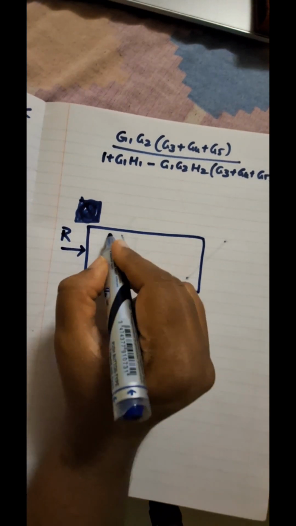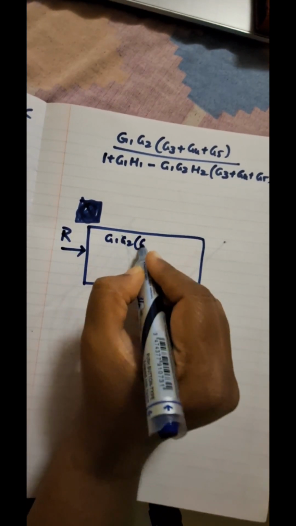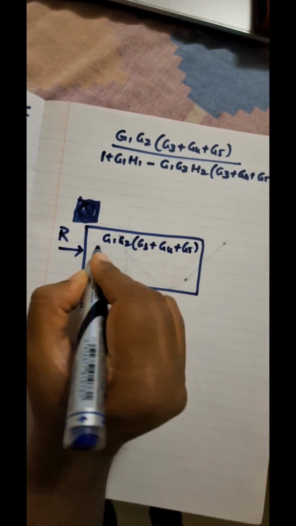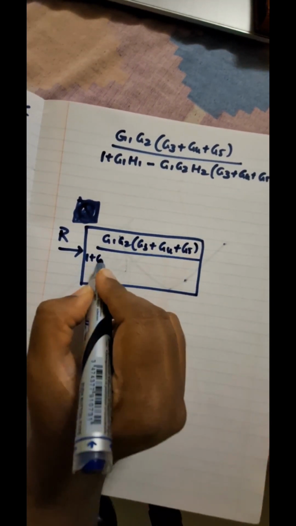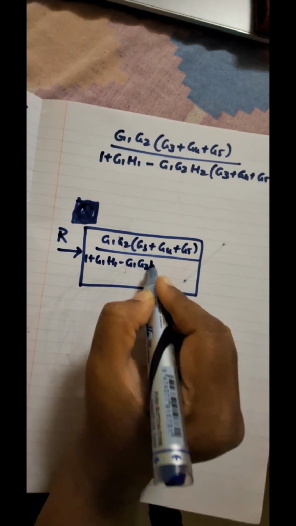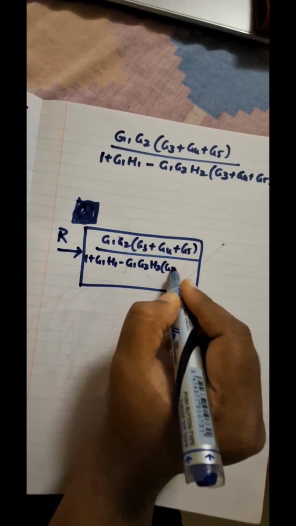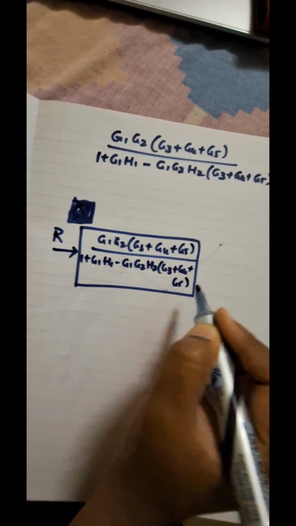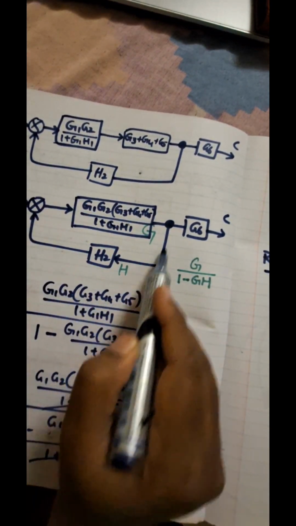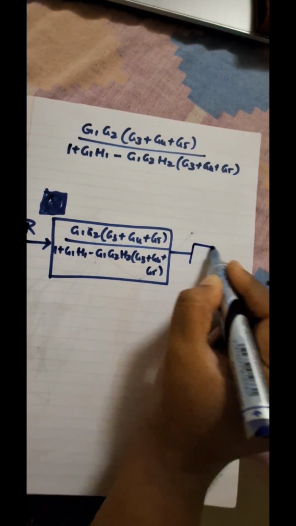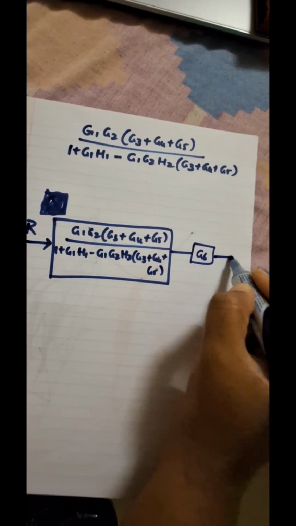What is that big block? G1, G2 of (G3 plus G4 plus G5) by (1 plus G1 H1) minus G1 G2 H2 into (G3 plus G4 plus G5). And something is left over. So this is that solution. Something is left over, it is G6. So still we have G6. So this is C.